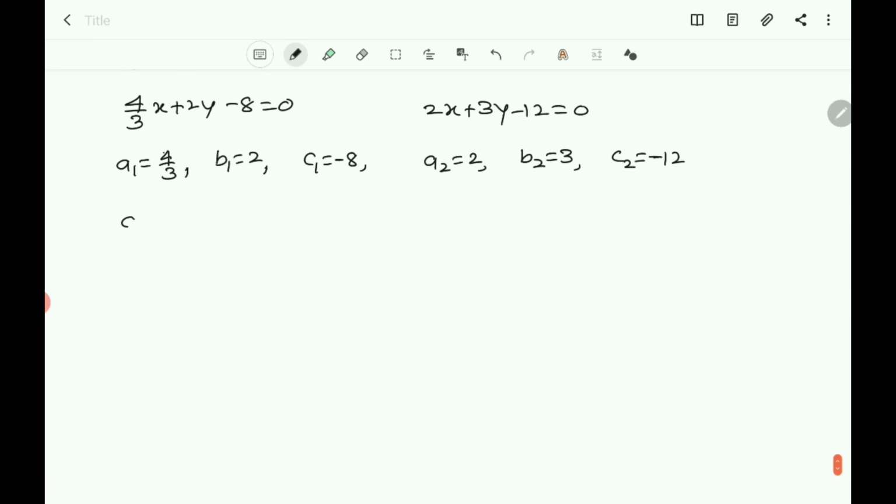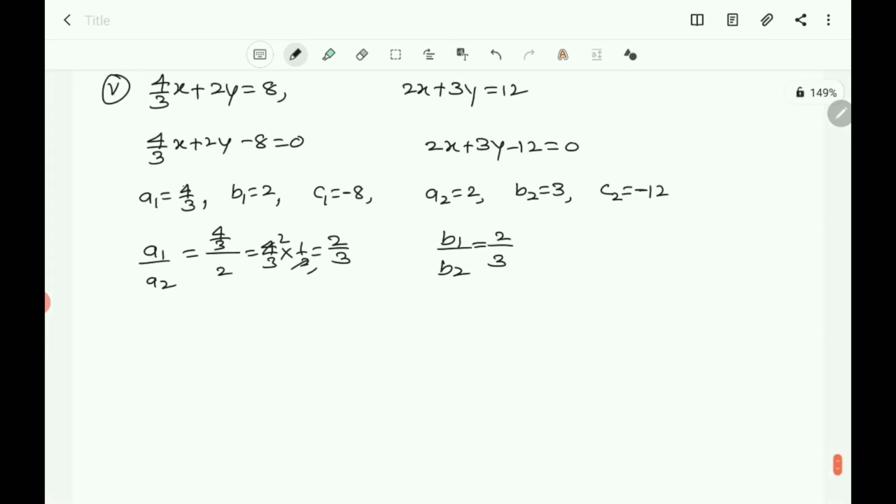Then you find a1 by a2. a1 is 4 by 3 by 2, that is 4 by 3 into 1 by 2. 2 ones are 2, twos are, you got 2 by 3 here. Next b1 by b2. b1 is 2, b2 is 3, so 2 by 3.